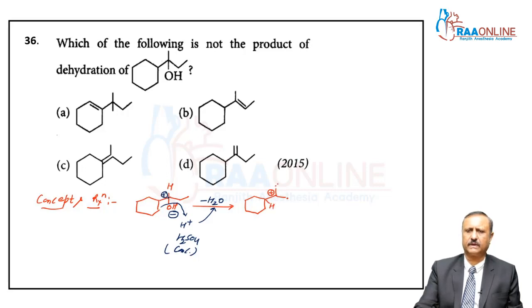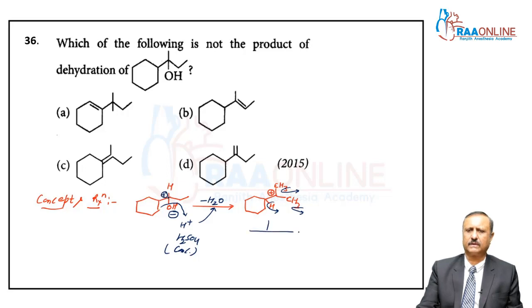Here this is the carbon atom in which CH3 groups are present. So my dear students, for removal of this positive charge, H plus ions are removed from this side, or this side, or this side.